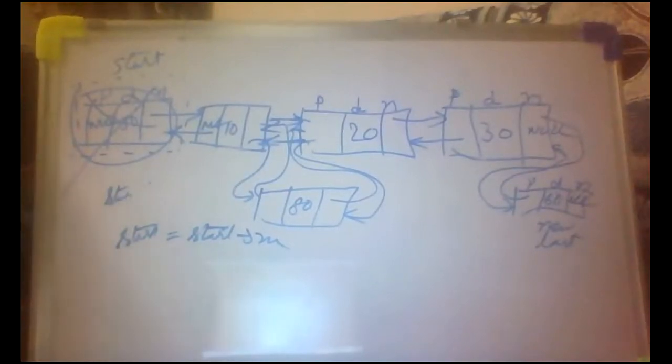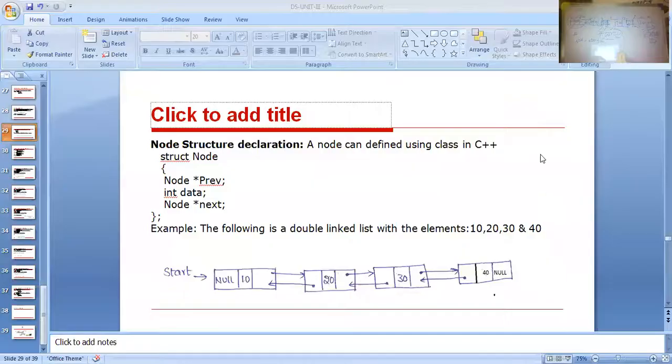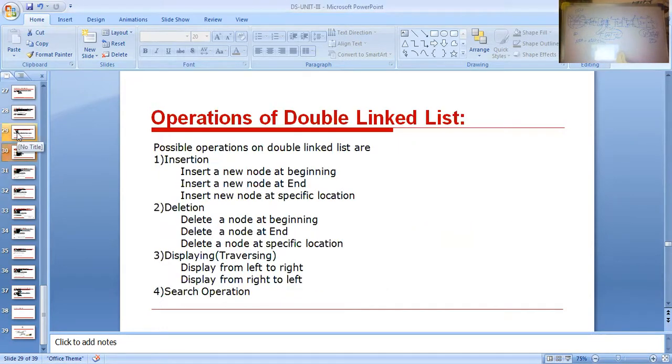So how to insert an element at the beginning of the list, how to remove an element at the end of the double linked list. So operations on double linked list.